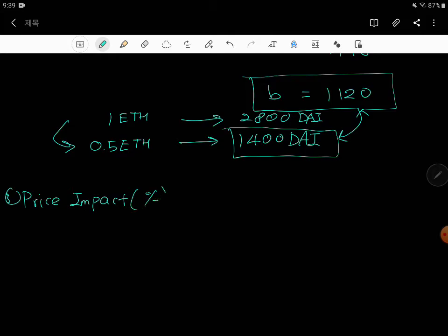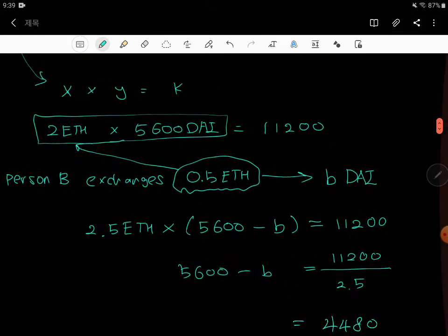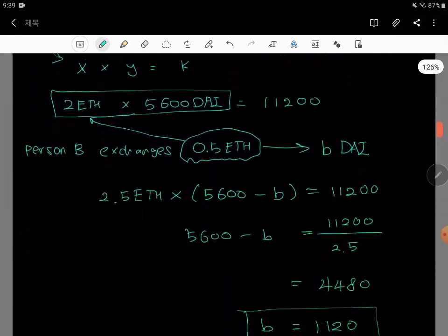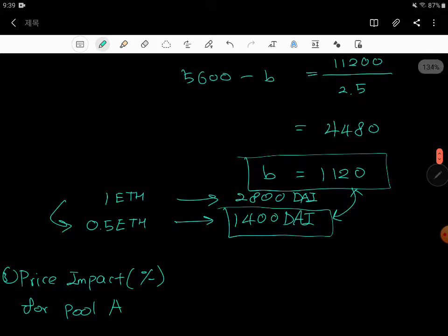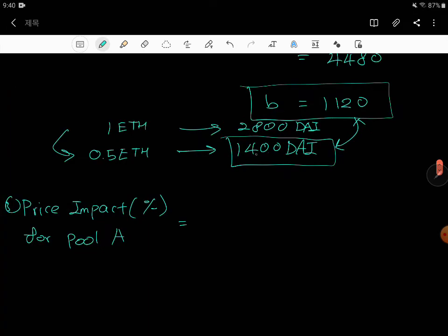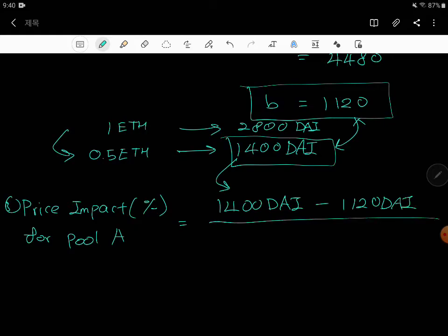In terms of a percentage, for the pool, it's the pool A. Okay, so the exchange rate tells me that I should actually get 1,400 DAI with the 0.5 ether, and now you're actually getting 1,120 DAI, and you divide this by 1,400 DAI, multiply by 100.